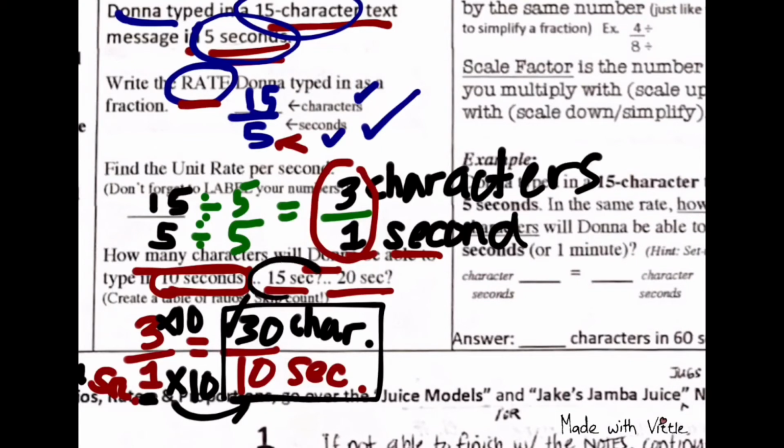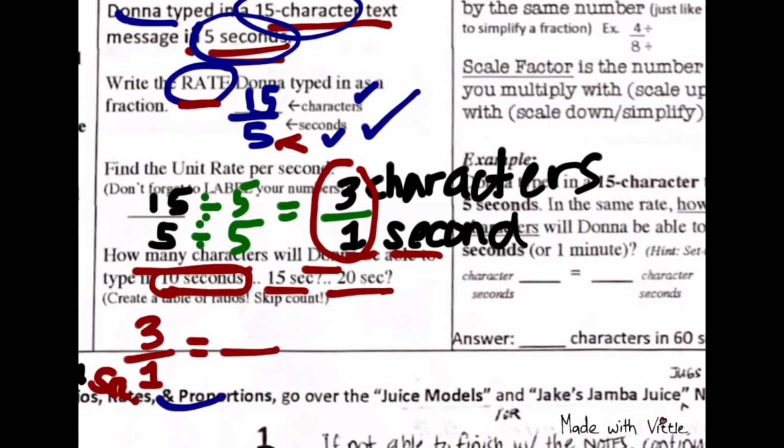Now, can you find the number of characters she can type in 15 seconds? This time, we're going to change that 1 to become 15 seconds down here. What number should I multiply by 1 to equal 15? Of course, that's going to be 15 because we said any number multiplied by 1 will equal itself.